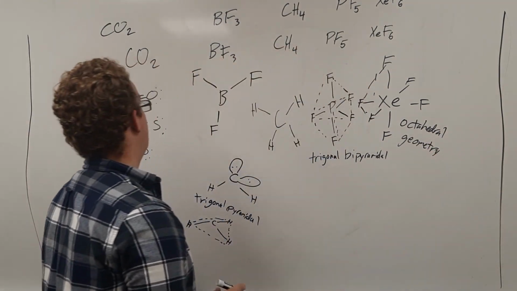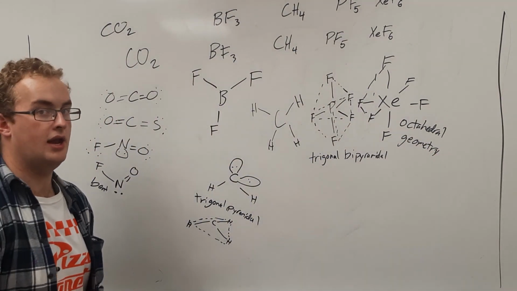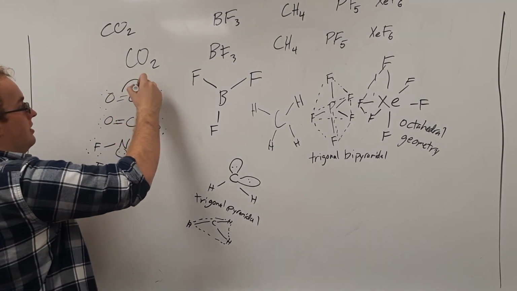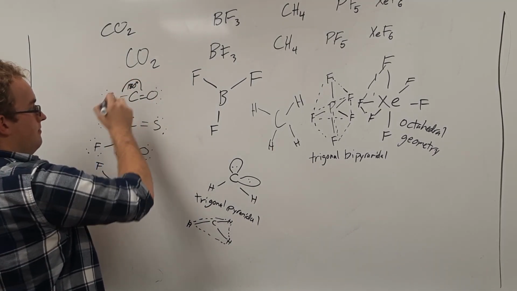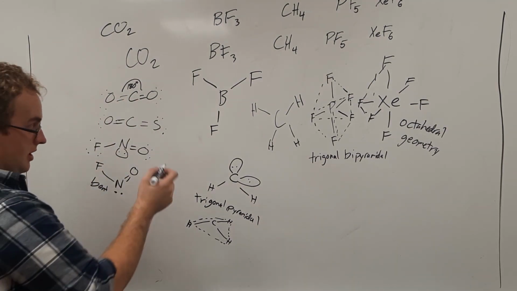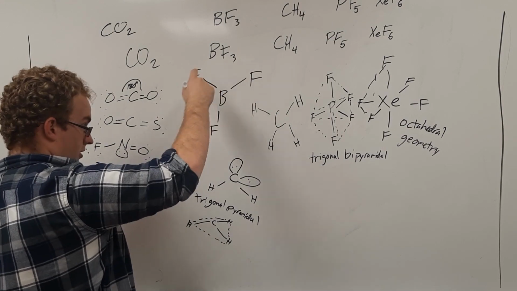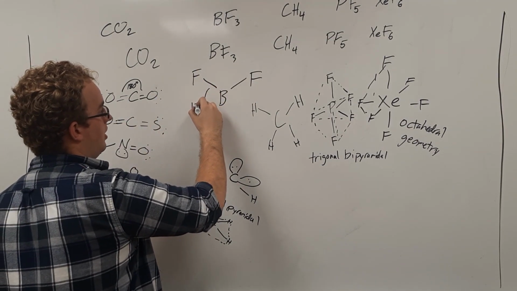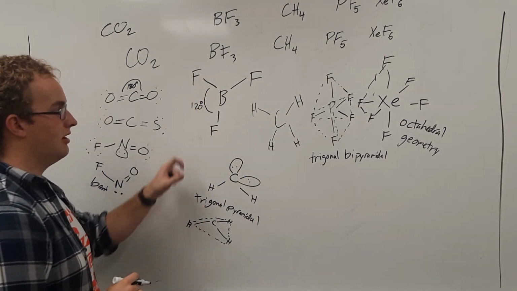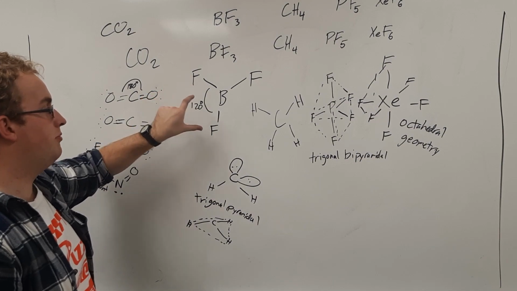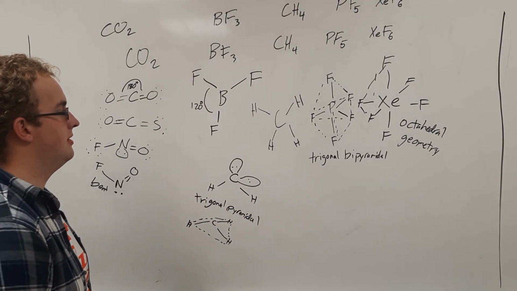So, really briefly, now we'll just go into bond angles and angles between things. If a line is straight like this, it's 180 degrees. So the bond angle on a linear molecule is 180 degrees. Here, it's like we're taking a whole circle, 360, and dividing it 3 ways, and that's going to be 120 degrees bond angle for trigonal planar geometry.